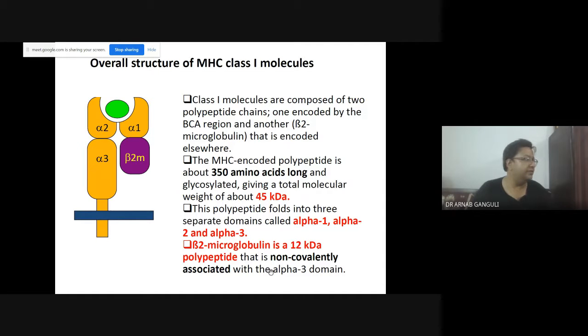All the alpha domains together make 45, the total molecular weight. And it is glycosylated, meaning it has carbohydrate residues attached.